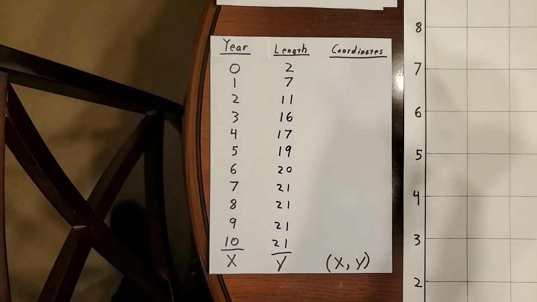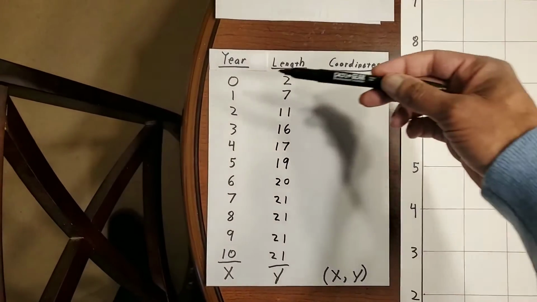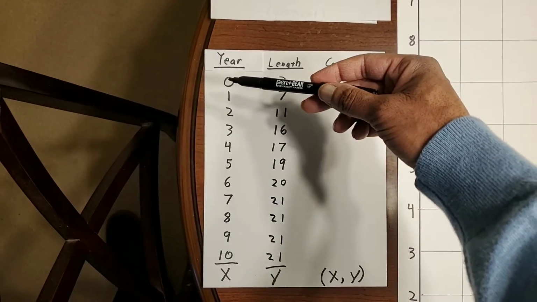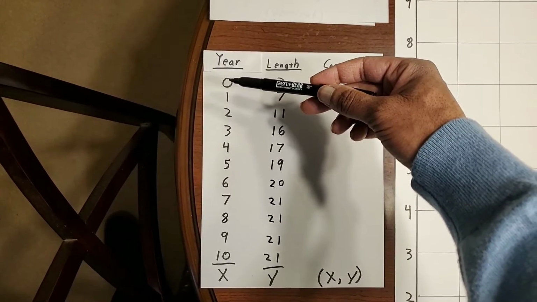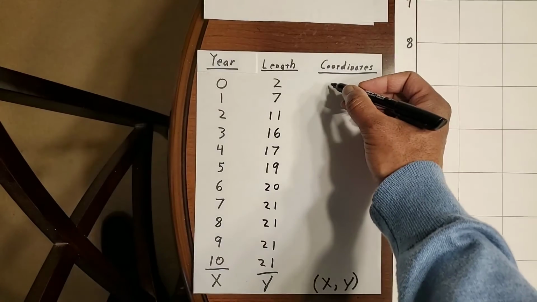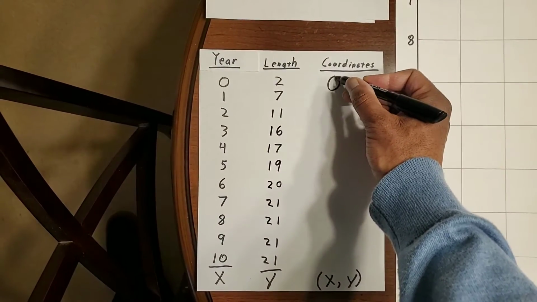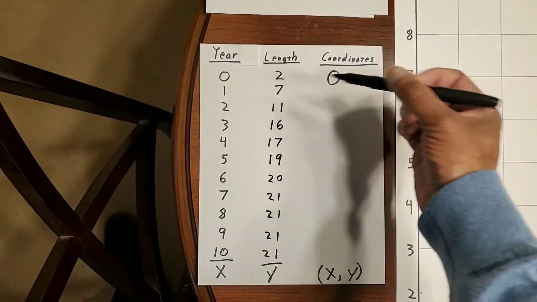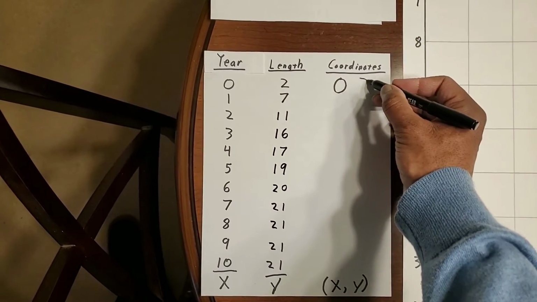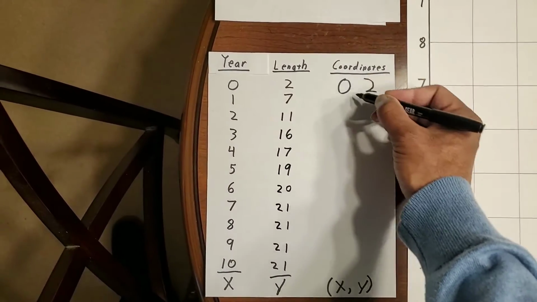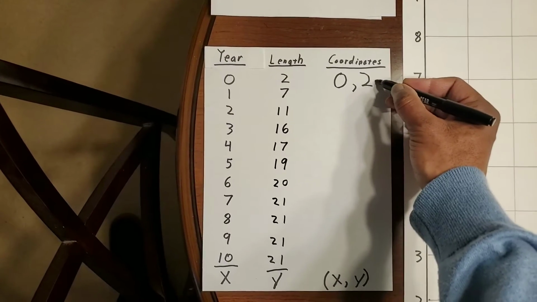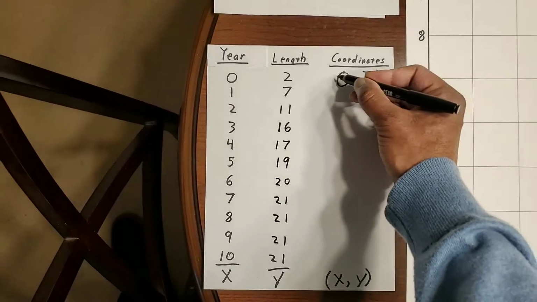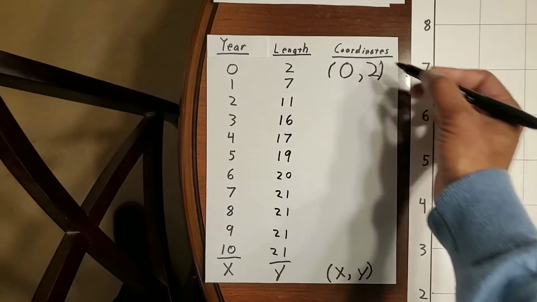So for year 0, year 0 was an x, so write a 0. And what's going to represent y? 2. So that means that in year 0, this iguana will be 2 inches.